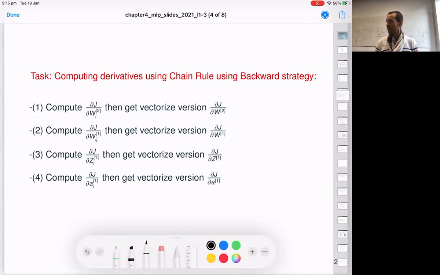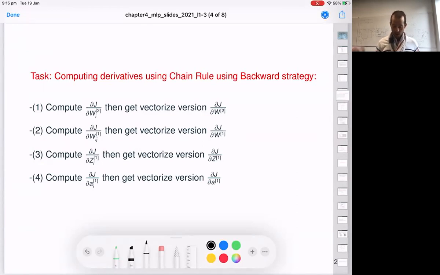Just check something. I think I put the solution on the... So first you need to differentiate the cost function with respect to W and so on. So you need to try to think about all of these steps.